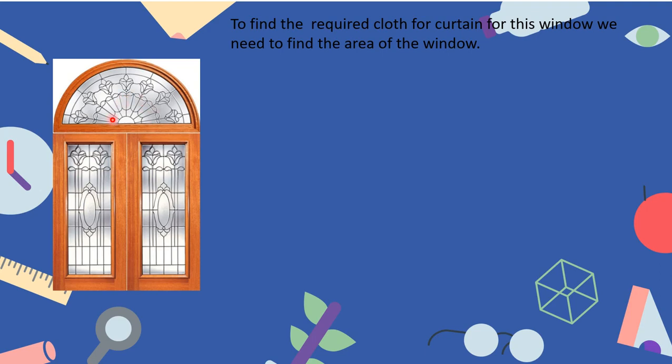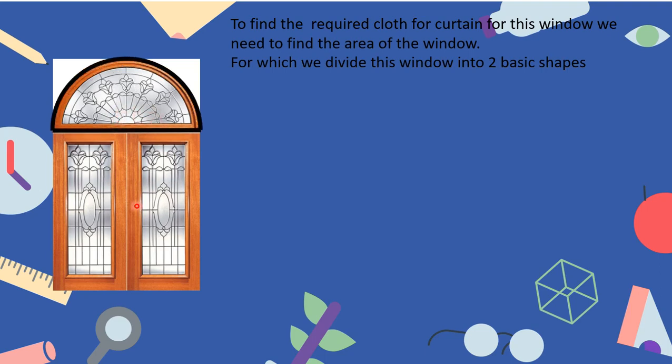Now consider this window again. This window is nothing but the combination of two figures. So we have to divide this window into two basic shapes: the upper part, that is the semicircle, and the lower part, that is a rectangle, or we can say a square. So what we have to do?